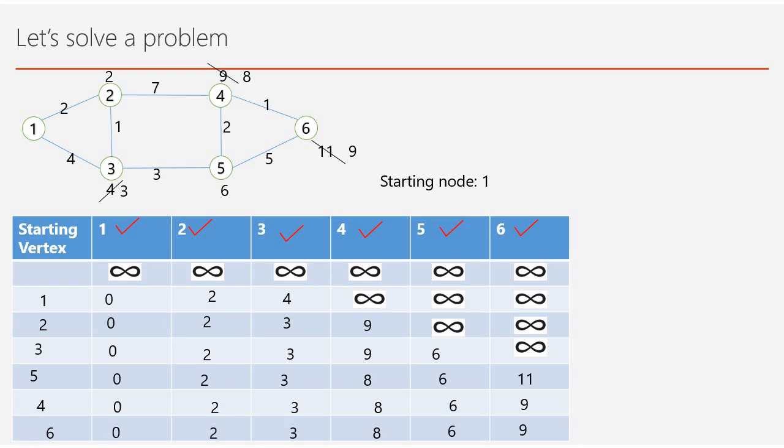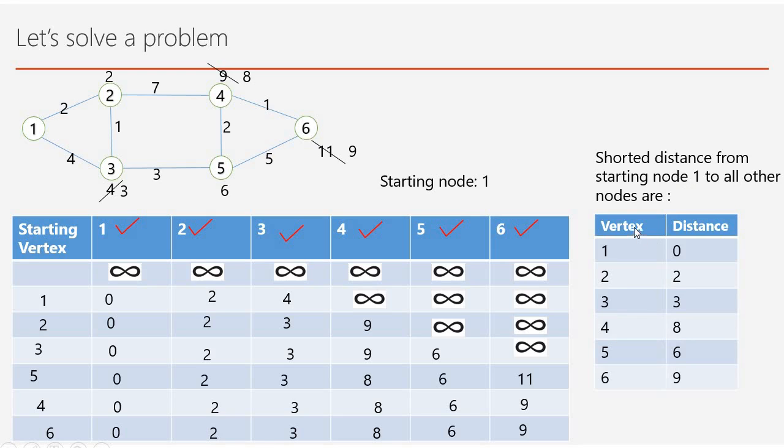With this, what we found is the shortest distance from starting node 1 to all other nodes. If you go from node 1 to node 1 only, the distance is 0. If you want to go to node 2, the distance is 2. To node 3, the distance is 3. To node 4, the distance is 8.